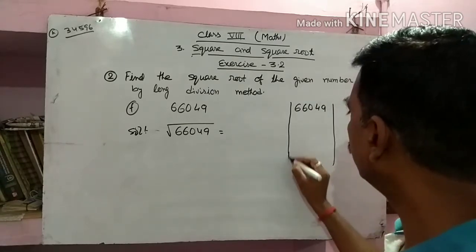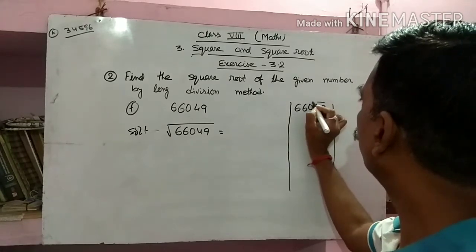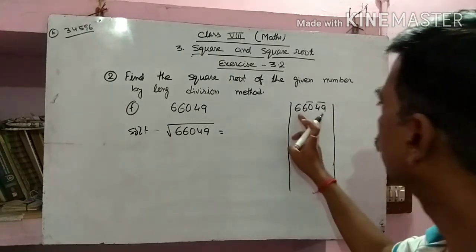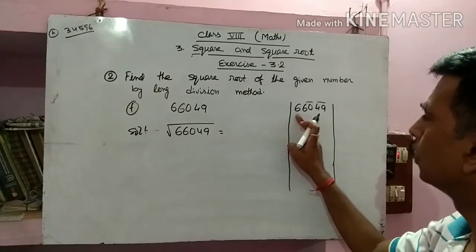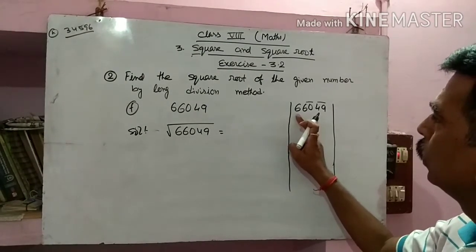What have we discussed? Make blocks of 2 digits from the left. The 6 remains alone, because it does not make any 2-digit number.